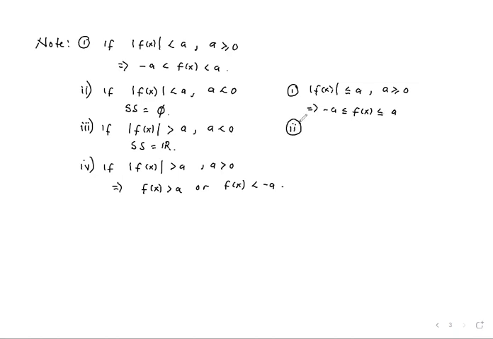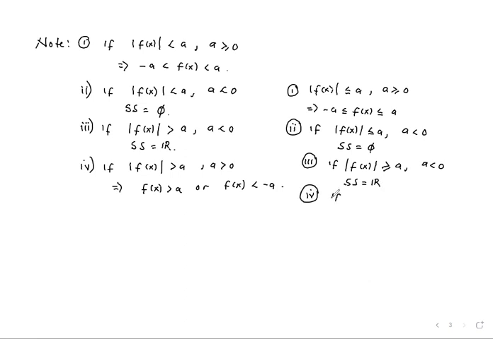For 2, if f of x is less or equal to a and a is less than 0, the solution set is still empty. 3, if f of x is greater or equal to a and a is less than 0, the solution set is all real.